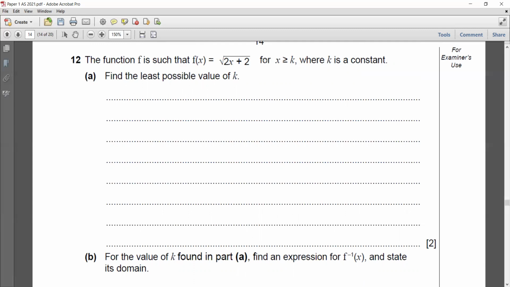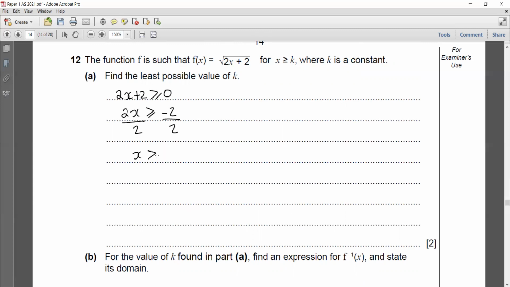Now here you can see that we have a square root, and if we want to get real values from the square root, we need to make sure that what is under the square root is positive. So we need 2x plus 2 to be greater than or equal to 0. Then we solve this. This means that 2x is greater than or equal to negative 2, divide by 2.